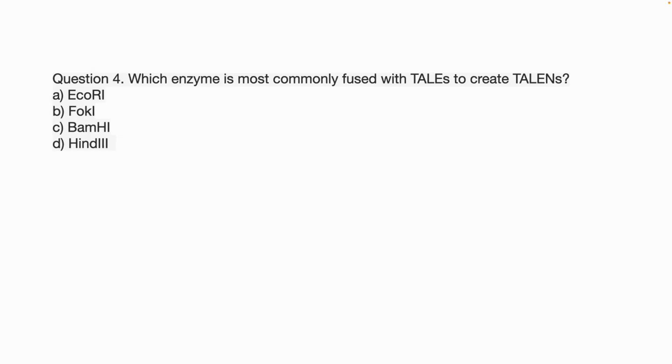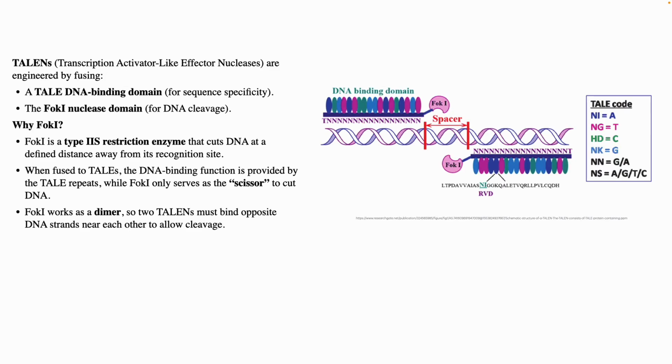Question fourth is, which enzyme is most commonly fused with TALs to create TALENs? That we have already seen. It is enzyme FokI. It is a type 2 restriction enzyme that cuts the DNA at a defined distance away from its recognition site.